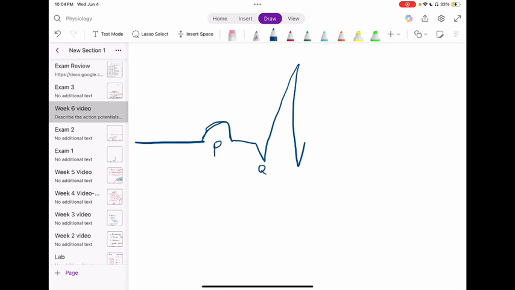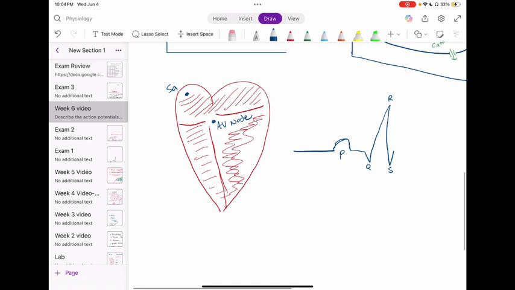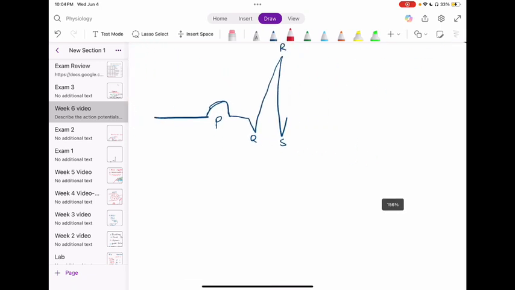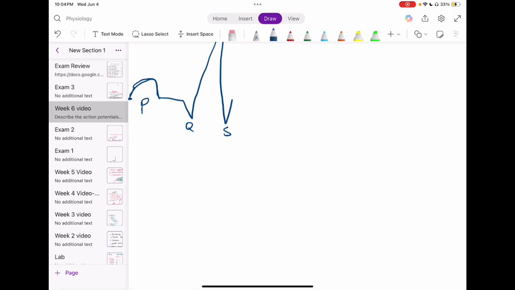This is the Q, this is the R, and the S wave. And lastly, as it goes over here, it goes to this part. It's called the T wave.